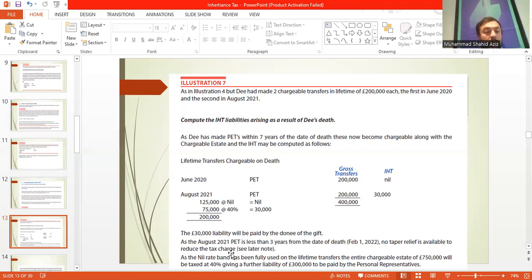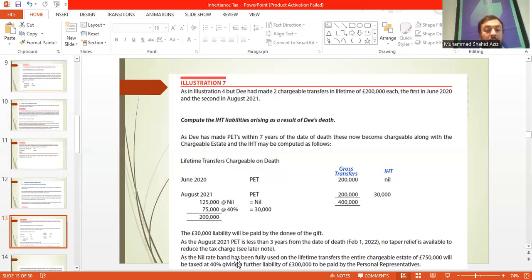70,000. As the August 2021 PET is less than 3 years from the date of death, that was February 2022, no taper relief is available. If the person has given a gift and dies in less than 3 years, then there is no taper relief, unfortunately.